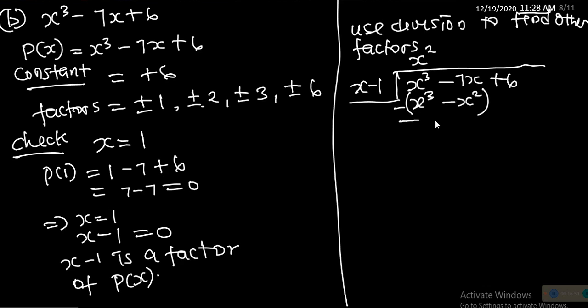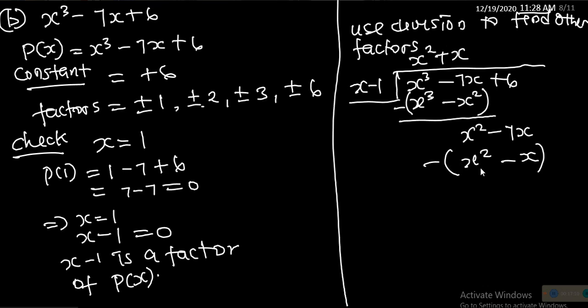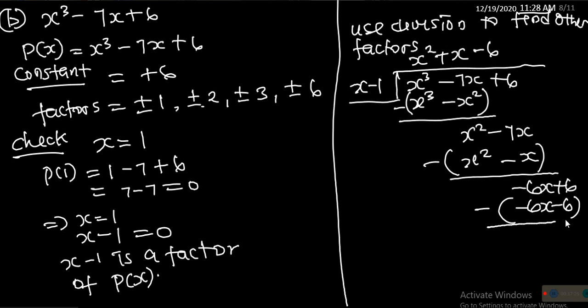If you subtract this expression, you have x squared minus 7x, and then dividing x squared by x, we have plus x. If you multiply, we have x squared minus x, and if you subtract here, we have minus 7 plus 1 of minus 6x. Then we can bring down 6. So x here will give us minus 6, multiply, we have minus 6x plus 6, and then if we subtract, we have 0.